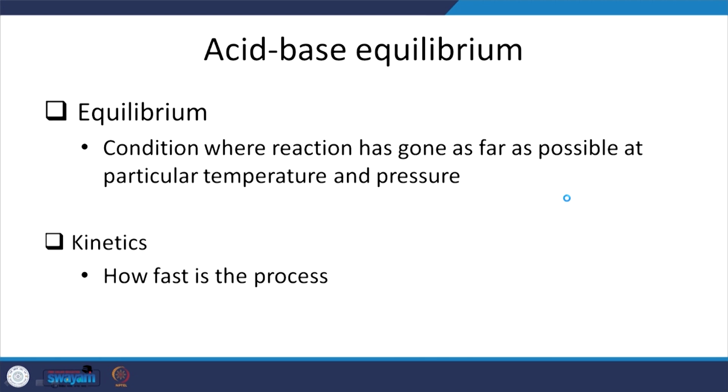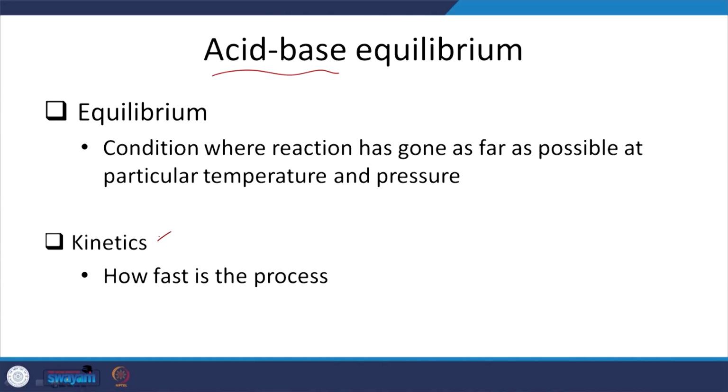Two aspects here we need to understand: equilibrium, and acid-base equilibrium. When we say equilibrium, we are talking about the state of the system. Let me not get too technical, but in layman's terms, the state of the system will tell me how far the system can go.